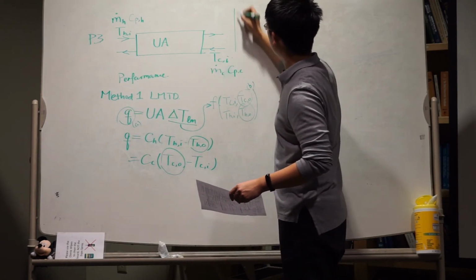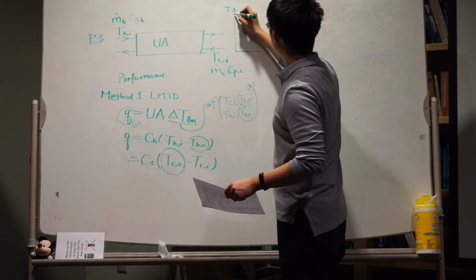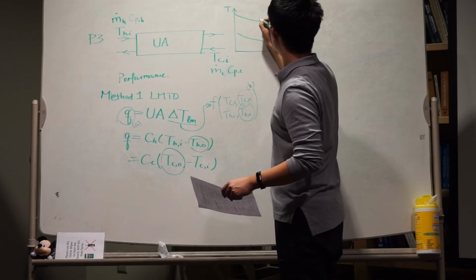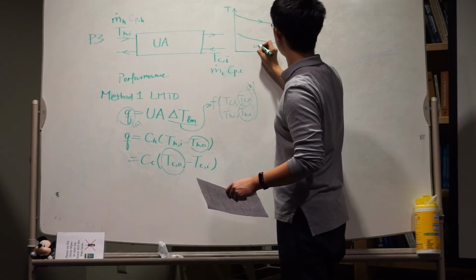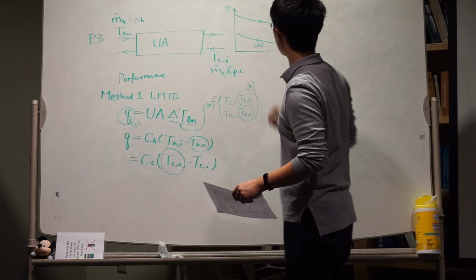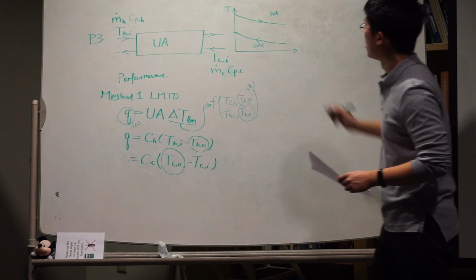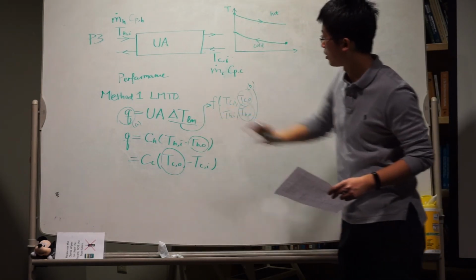Generally, this is the temperature. The hot side temperature will decrease. The cold side temperature will increase along the flow direction. These 2 are given. These 2 can be calculated.